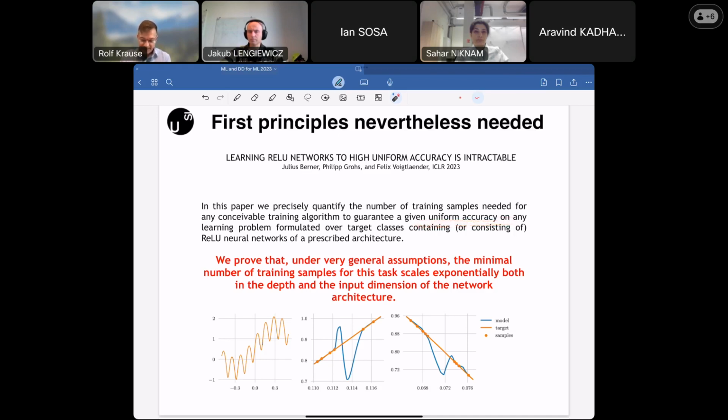And the answer is, in practice, it's not possible because the minimal number of training samples for this task scales exponentially both in depth and input dimension of the network architecture. And this is quite clear because if you look at high dimensional approximation, or if you look at this simple 1D example, if you have your training points here and have no training points in between, then your network can do in between whatever it wishes.